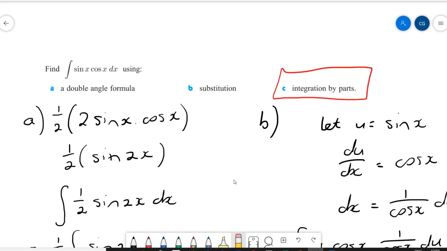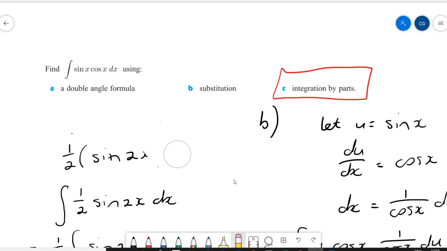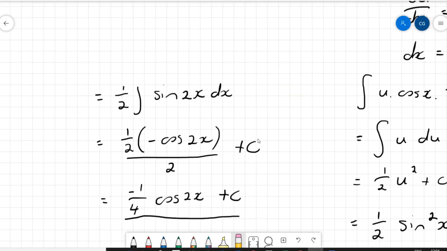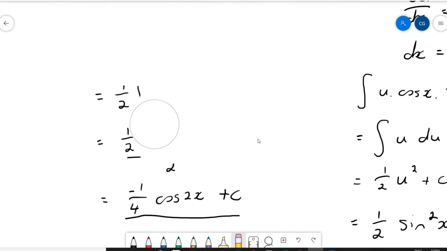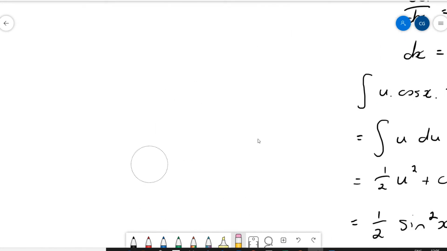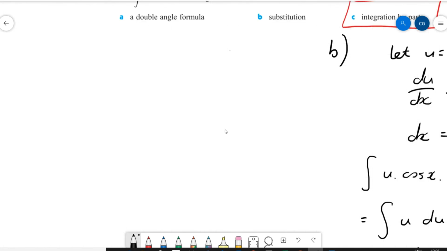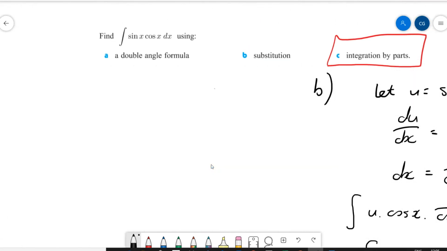I'm going to erase this left-hand side here so that we have some space to work, because I want to compare it to what we have found in part B. I do want to keep part B with us. Okay, so let's take a look at the following integral. I'm going to rewrite this. The integral of sine x times cosine x dx.